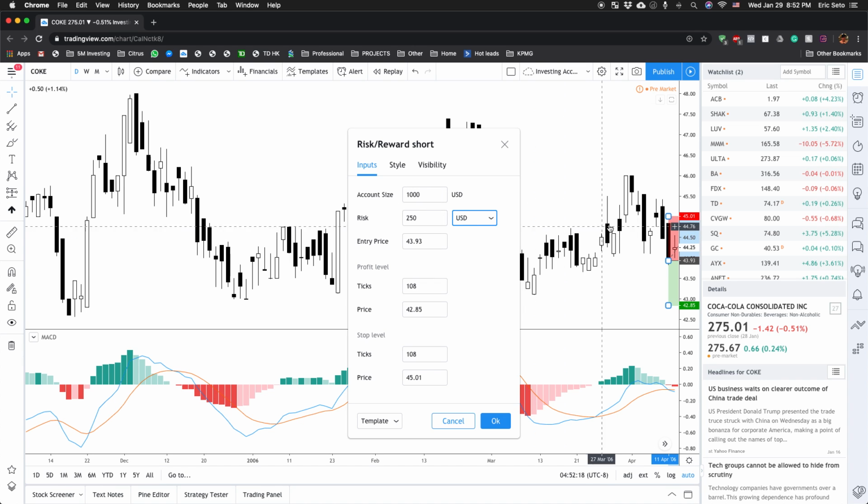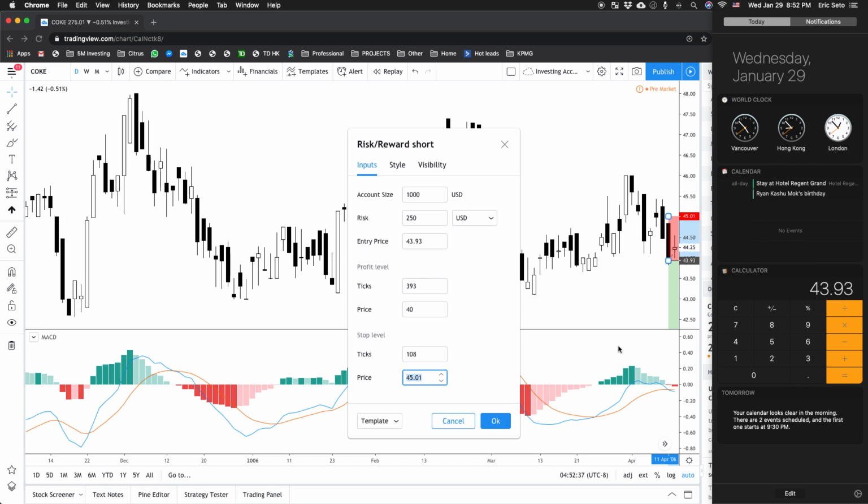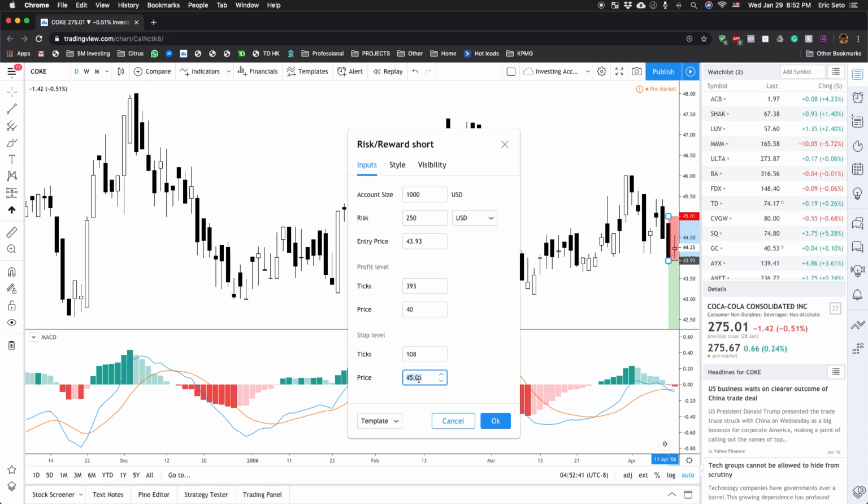Okay, so that's the account size. Because I'm just doing this manually, I don't need to worry about this. So my profit level is going to be, I think, going down to 40. I'm just guessing. And then I'm going to use the same amount for my stop loss, which is going to be 43.93 plus 3.93. So that's 47.86.